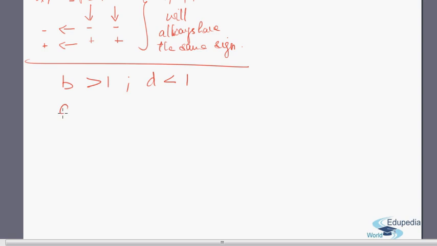Or if the value of b happens to be less than 1, then the value of d will be greater than 1, such that when you find the product of these two, b multiplied by d, the value will always be between 0 and 1.